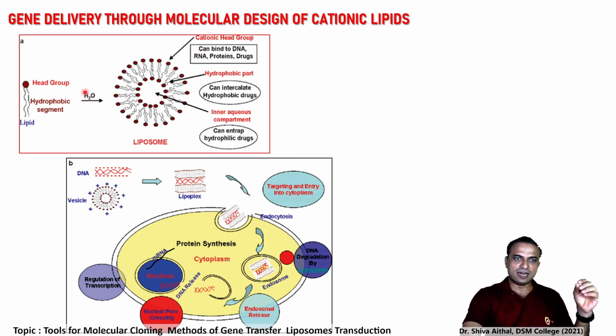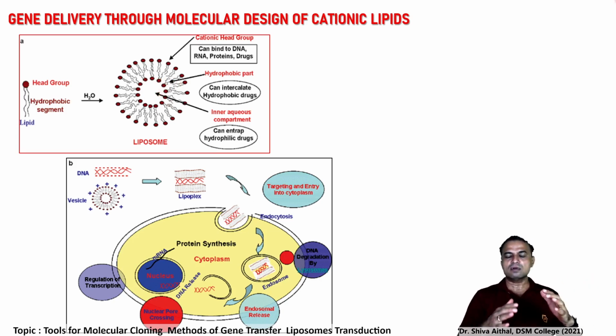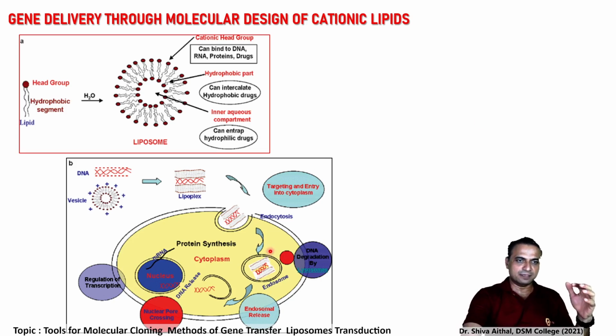When you add water, this aqueous compartment can entrap your hydrophilic DNA molecule, proteins, RNA or drugs. The hydrophobic part can bind to DNA, RNA, proteins or drugs. In this particular lecture you can just focus on entrapment of DNA.